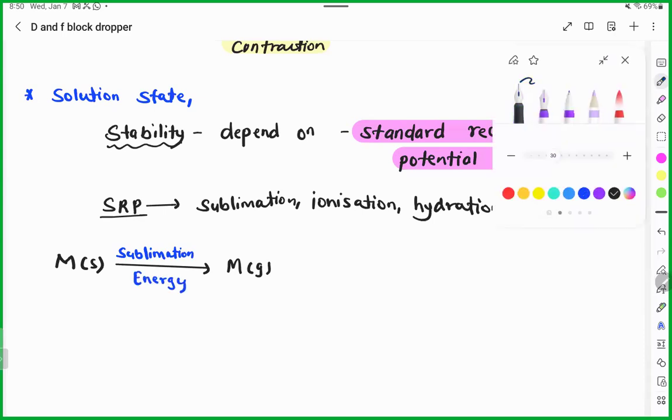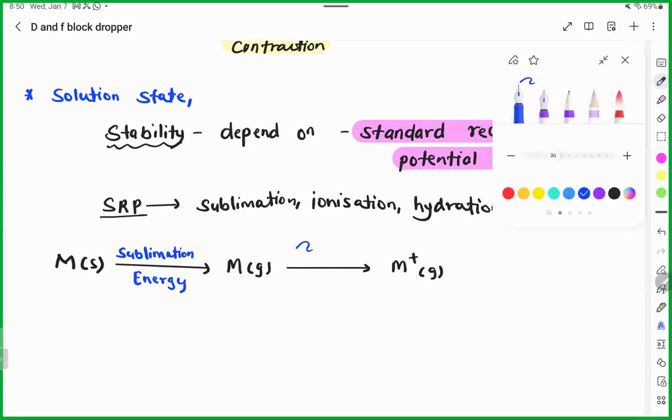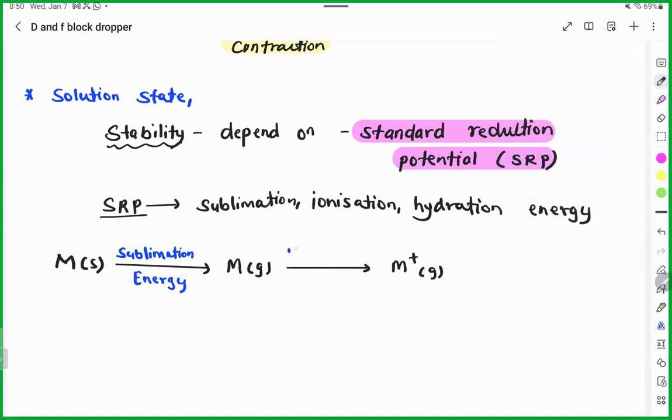Next, Chandana, when you convert this gaseous form into the ionic form in the gaseous state, which energy will be involved here? Ionization energy, because you are making ions.